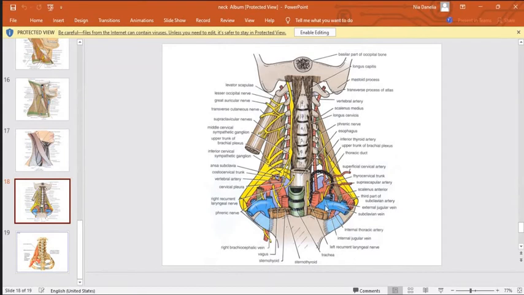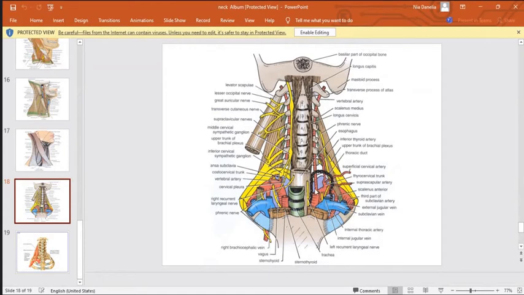Only first and second part of the subclavian artery gives off branches. Third part of the artery does not give branches, because that is that part where it continues to the axillary artery at the level of the first ribs. It lies so close to the bone that it makes this sulcus on the bone.